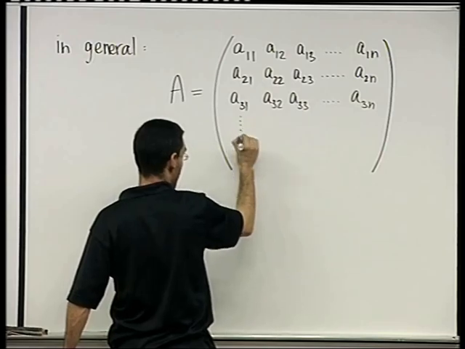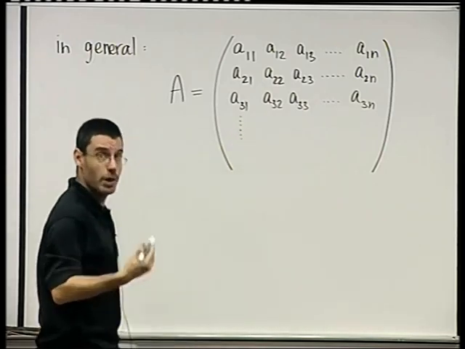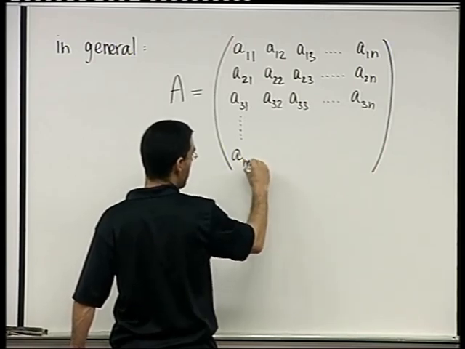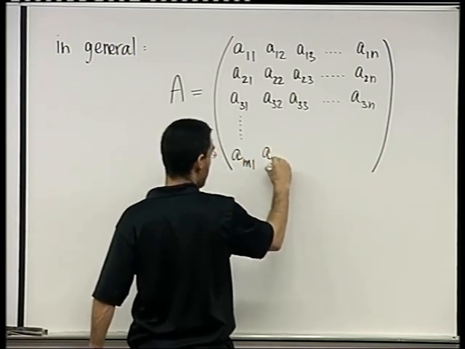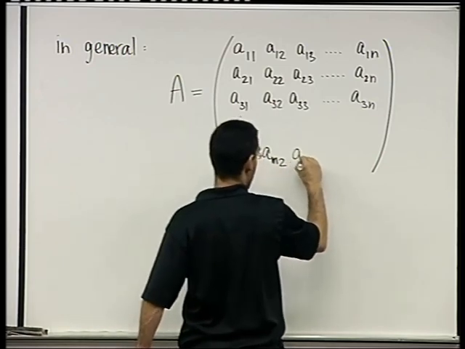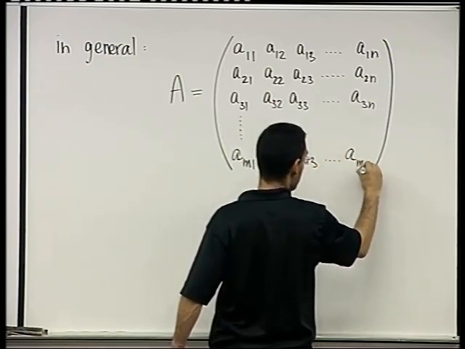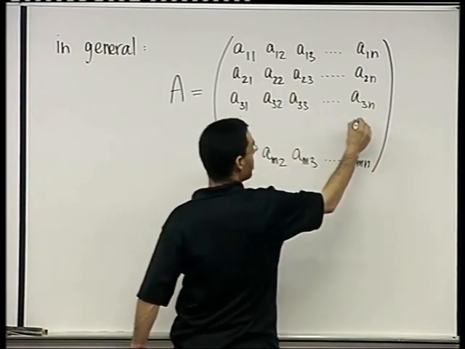And here, how far do we go? We have to decide how many rows we have. So suppose we have m of them. So it's Am1, Am2, Am3, all the way up to Amn.